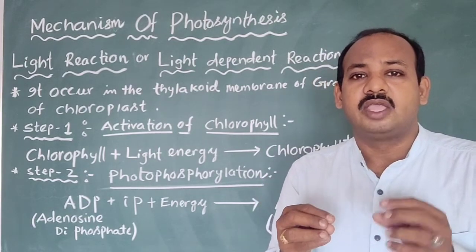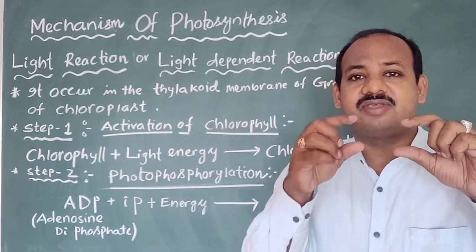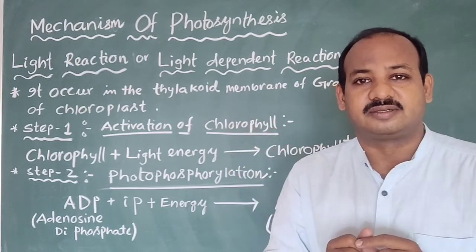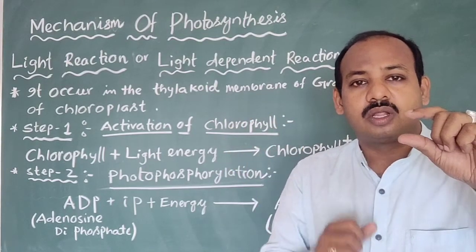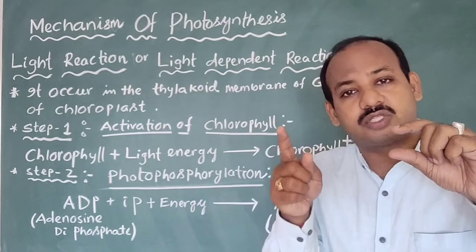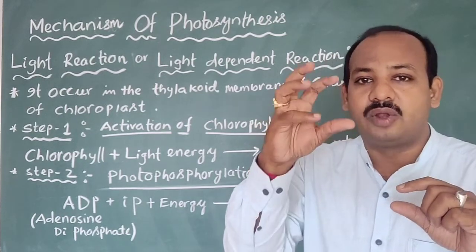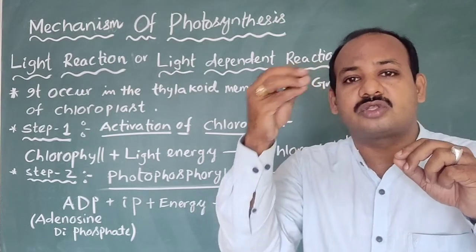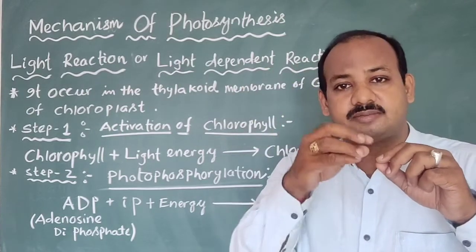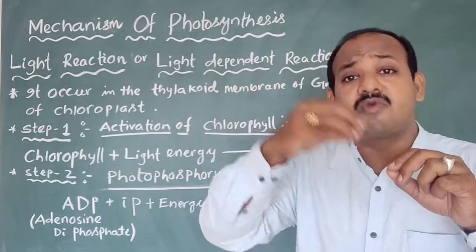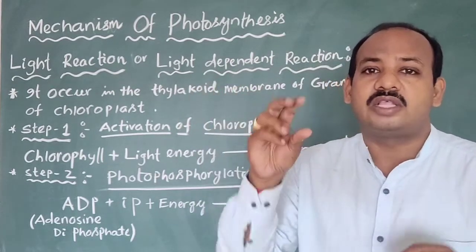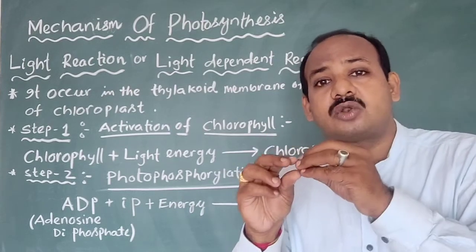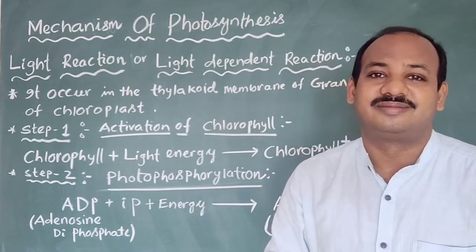For example, if there is a donor that has hydrogen and there is an acceptor, if the donor leaves the hydrogen, then the acceptor will accept the hydrogen. So here you can see the removal of hydrogen, the donor gets oxidized by removing the hydrogen, whereas the acceptor accepts the hydrogen. So addition of hydrogen is called reduction.